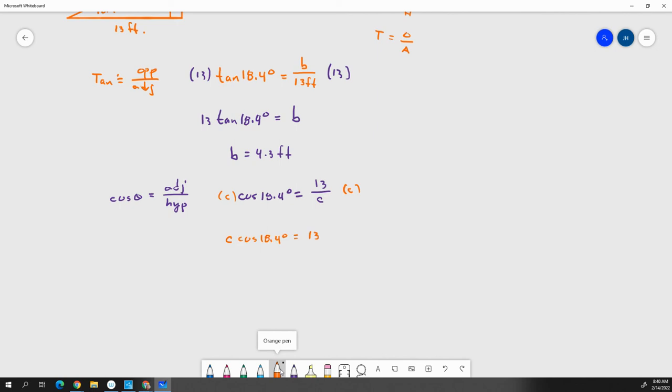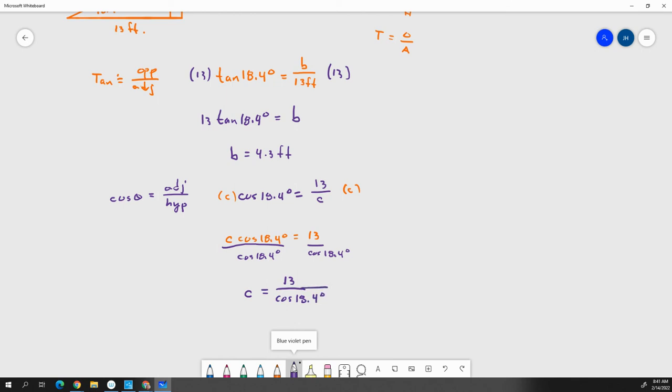But I can't just plug in c cosine 18.4. We're really trying to get that c by itself because that's what we're solving for. So we're just going to go ahead and divide out cosine of 18.4 degrees from both sides. And so what we know now is c equals 13 divided by cosine of 18.4 degrees.